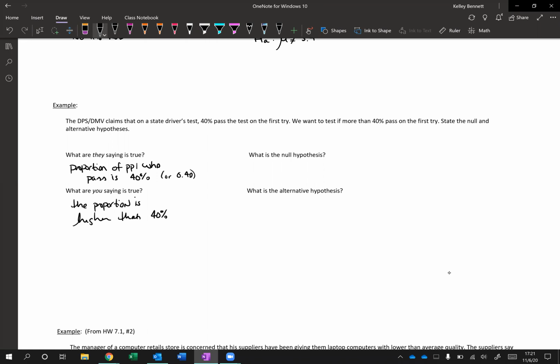So the null hypothesis is simply that, remember we use P for proportions, P is equal to 0.40. The alternative hypothesis, what we're claiming is true, or at least what we want to show, is that P is greater than 0.40.